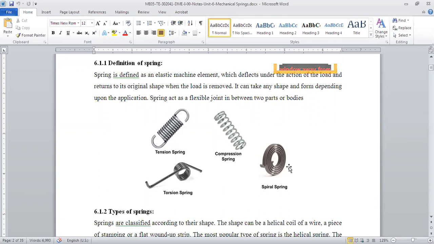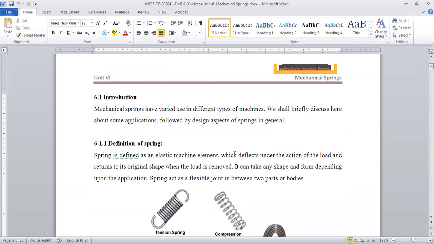It releases the energy stored in the spring. So basically, a spring takes the energy, and when we release the load, it goes back to its original position by releasing the energy. It stores the energy in the form of tension, compression, or bending. There are many types of spring, and they may have different kinds of shapes also.